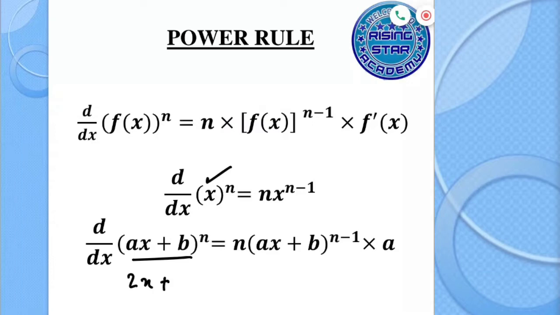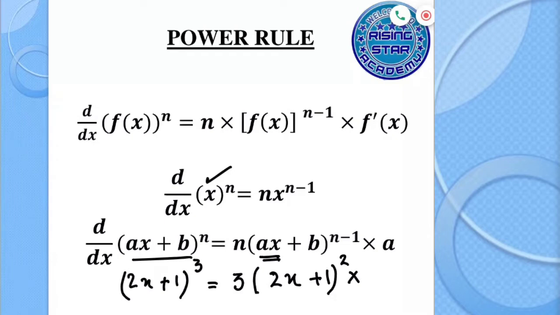2x plus 1, this is the linear equation having the power of 3. So how would we solve it? The power 3 is written as it is, then 2x plus 1 with the power subtracted by 1, multiplied by a, the coefficient of x, which is 2.